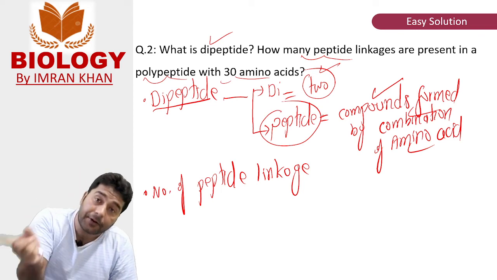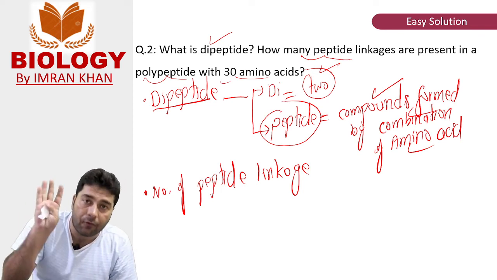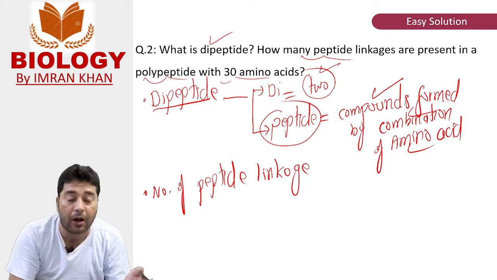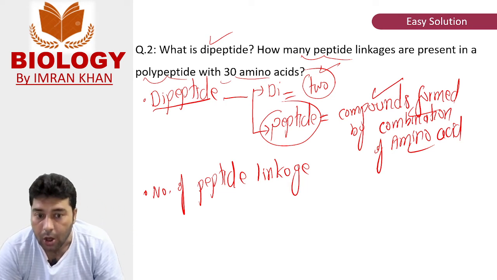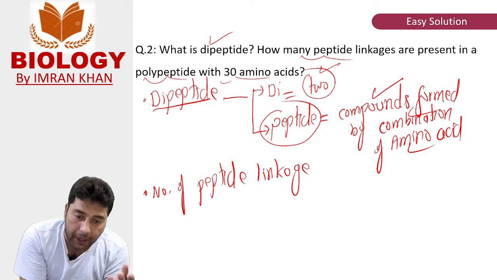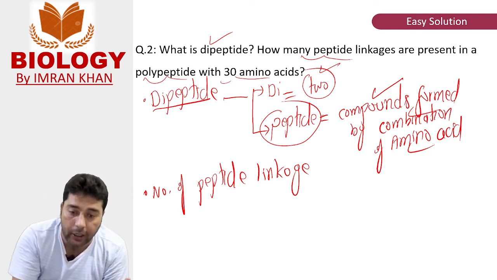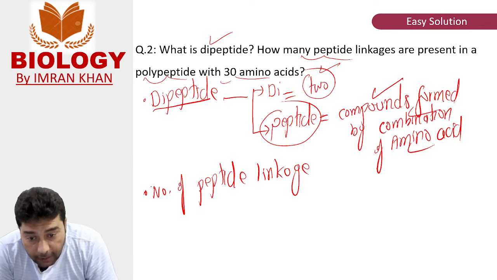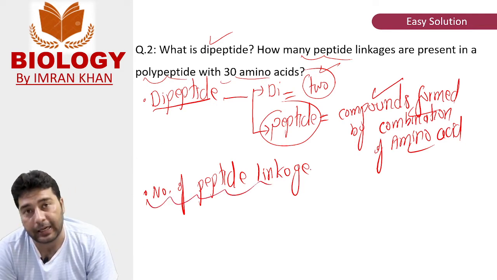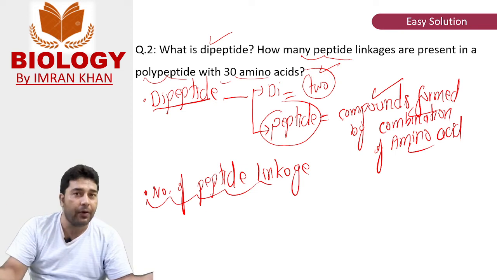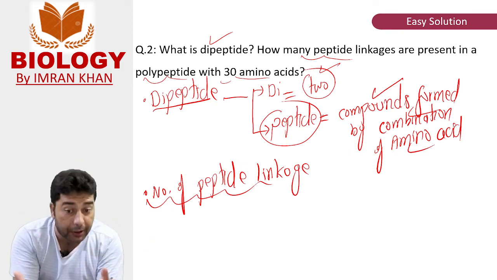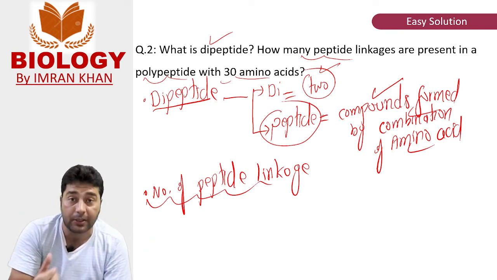What does tetrapeptide mean? A compound formed by combination of four amino acids. What does polypeptide mean? A compound formed by combination of many amino acids. So if you know the meaning of peptide, and you know the meaning of di, tri, tetra, mono or poly, you can define any of them. The second part was the number of peptide linkages. So I am giving you an important trick to solve such numerical-based questions.